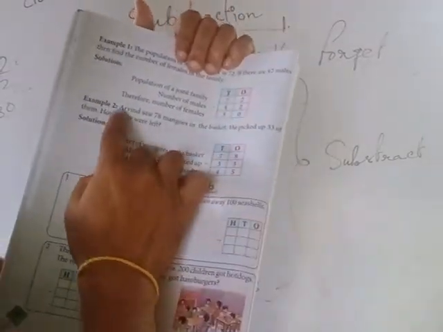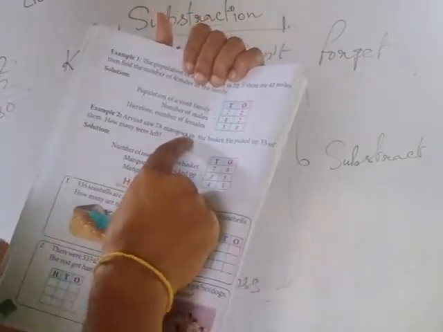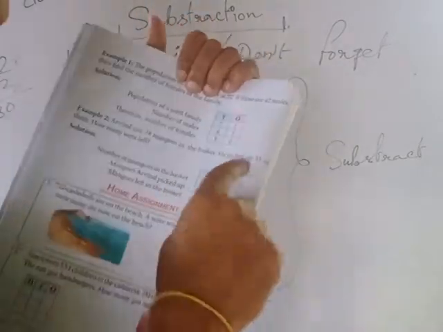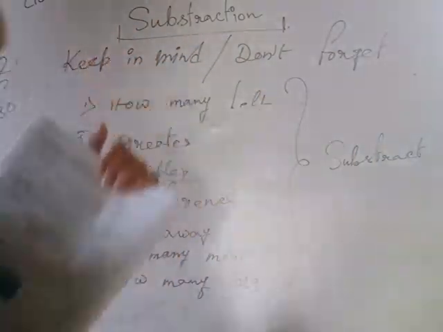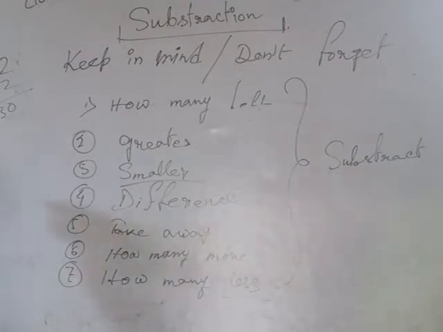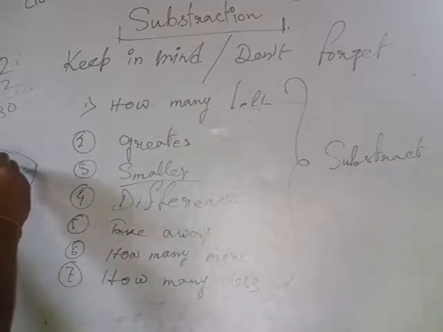Here is an example. Arvind saw 78 mangoes in the basket. He picked up 33 of them from the basket. Suppose 78 mangoes are in our basket. He picked up 33 mangoes.